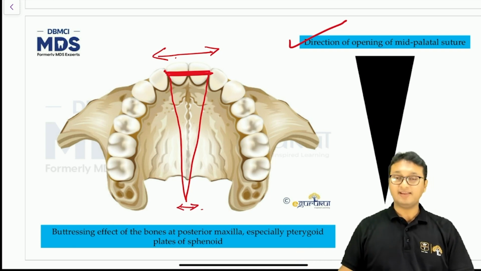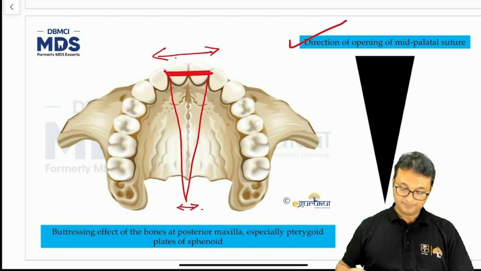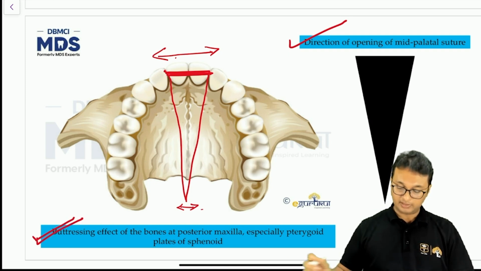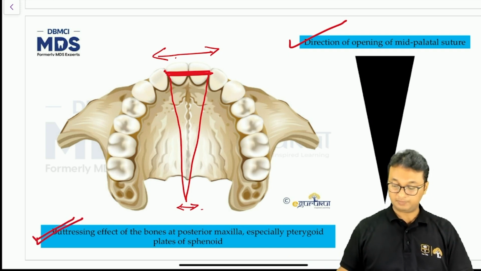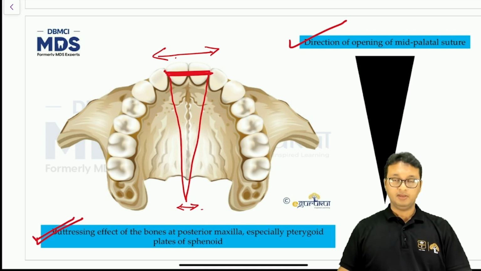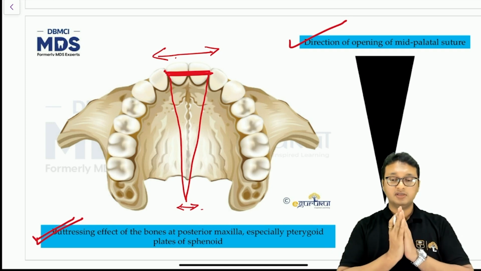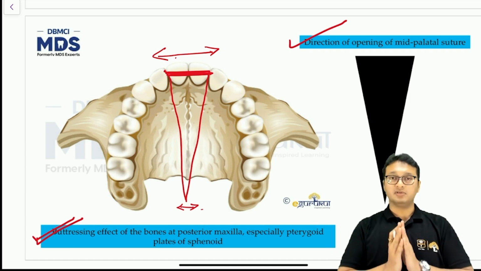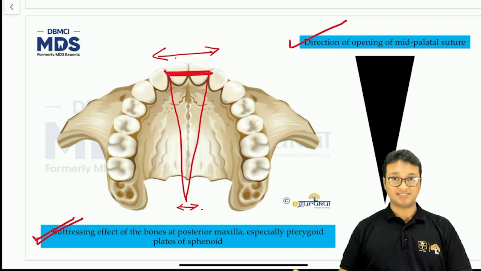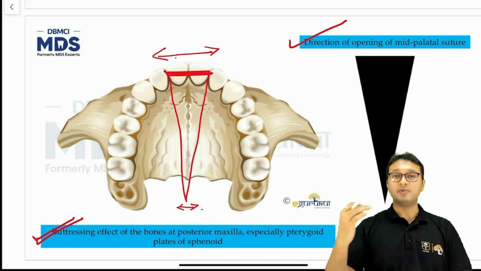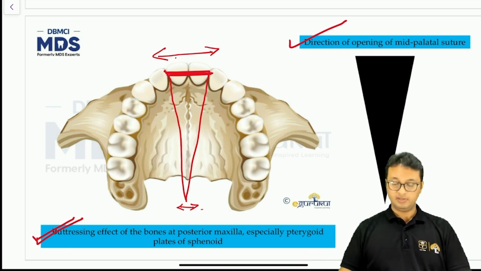Now, why is there minimum opening in the posterior part of the maxilla? So the answer lies in the buttressing effect of bones at the posterior maxilla, especially pterygoid plates of the sphenoid. So you know, the maxilla is articulated in a very complex manner. Maxilla being one of the key bones of the craniofacial skeleton. It articulates with a number of bones surrounding it, right?